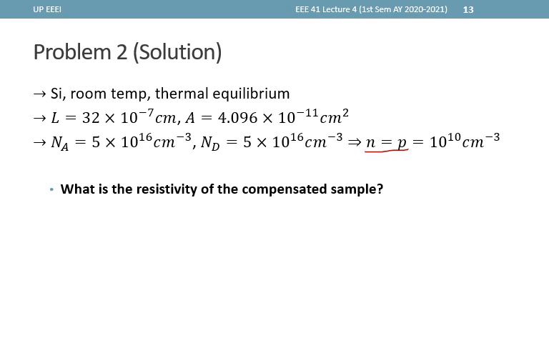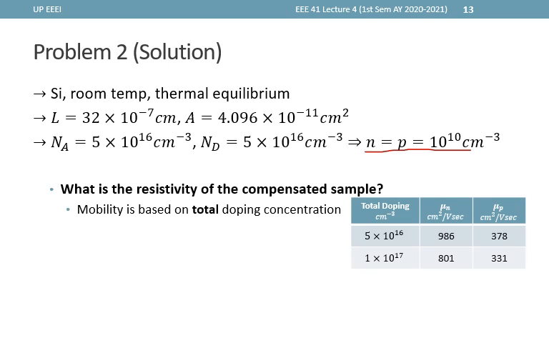So we add this information here and still answer what is the resistivity. So aside from n and p, we also need the mobility. However, the mobility depends on the total doping concentration.